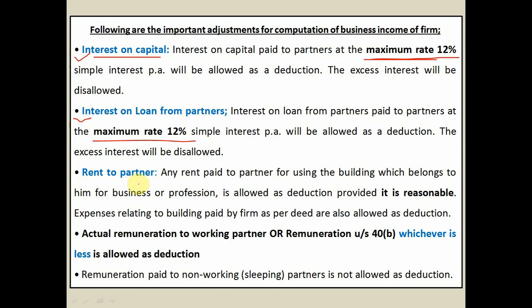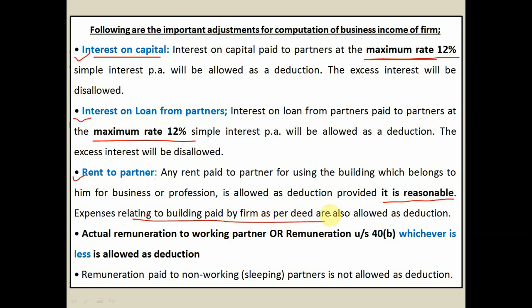If a firm has used any building of a partner for its office use, then the firm has to pay rent to the partner. Such rent is also allowed as expenses, but it should be reasonable. And even the expenses relating to such building paid by the firm as per the deed are also allowed as expenses.